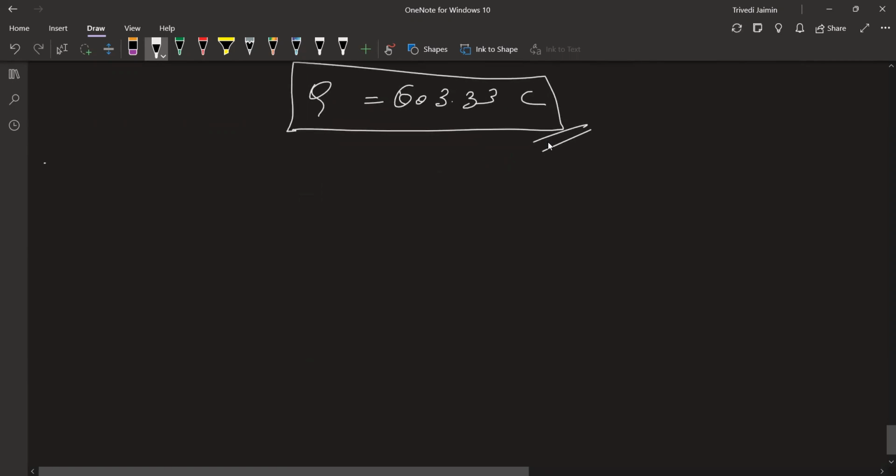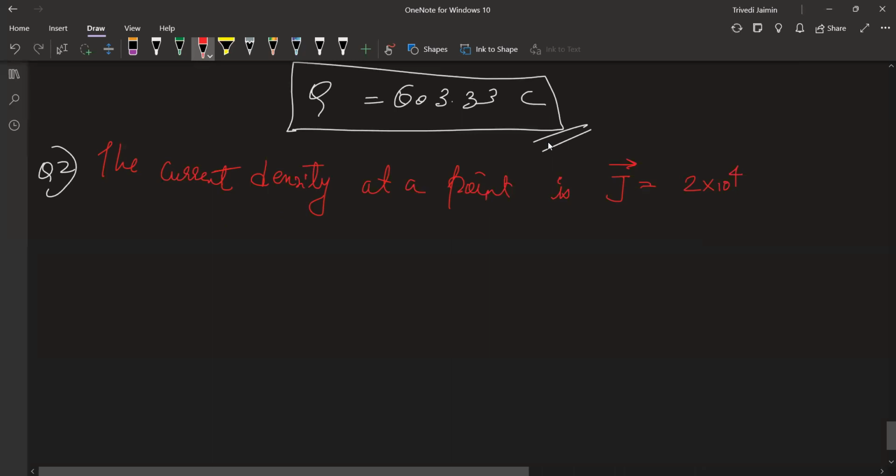Let's go for the second question. The current density at a point is 2 into 10 to the power 4 in J direction.